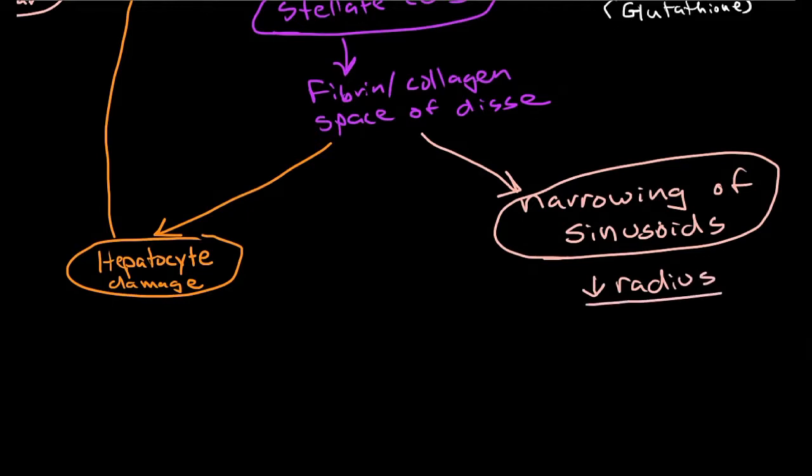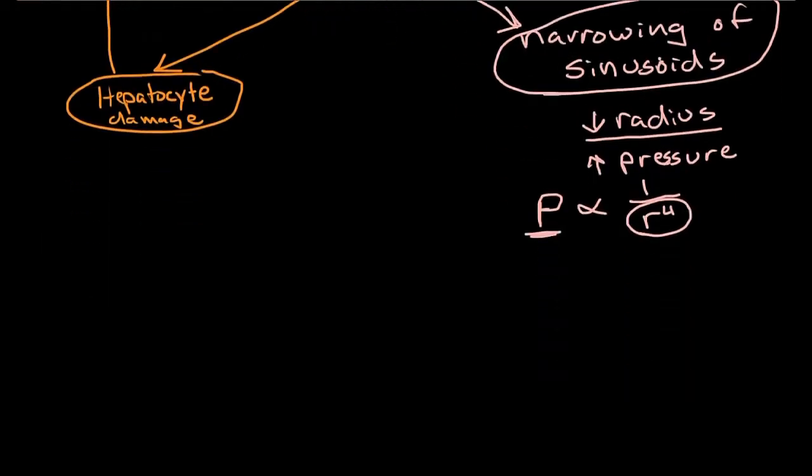Well, it's going to have a significant increase on pressure, right? Because pressure is inversely related to the radius to the fourth power. So even relatively small decreases in radius can have significant increases in pressure. And where is the pressure getting increased? Well, that increase in pressure is getting transferred back to the portal vein.